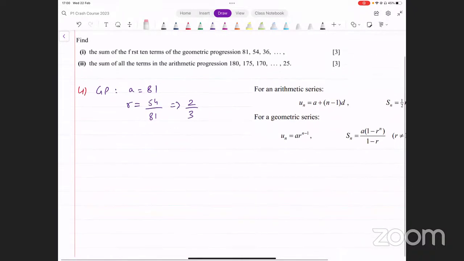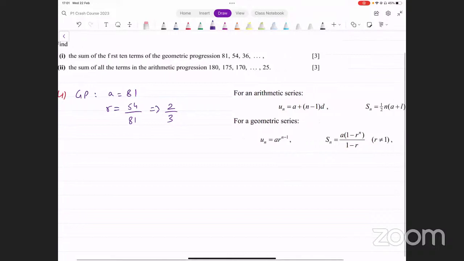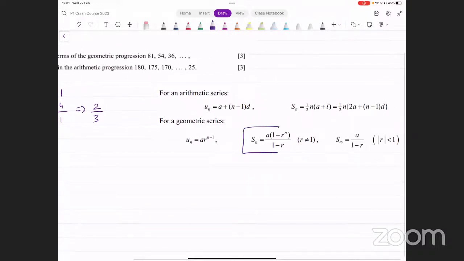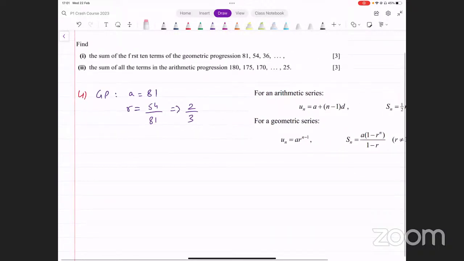Now, what are we looking for? We're looking for the sum of the first 10 terms of this GP. So remember, we're talking about a geometric progression. How do you find the sum of a certain number of terms of a GP? This is the formula that we've got for that. Sn equals a into 1 minus r raised to power n divided by 1 minus r. We just input values in this formula and see what we get. Now, since we are looking for the sum of the first 10 terms, the value of n, therefore, is going to be 10.